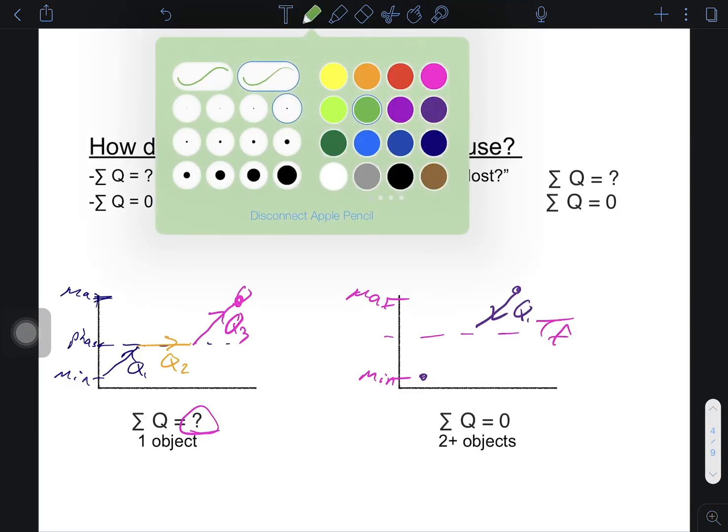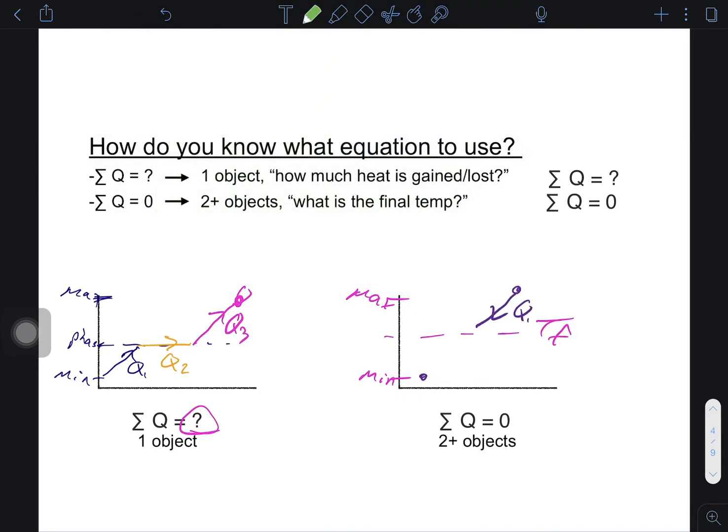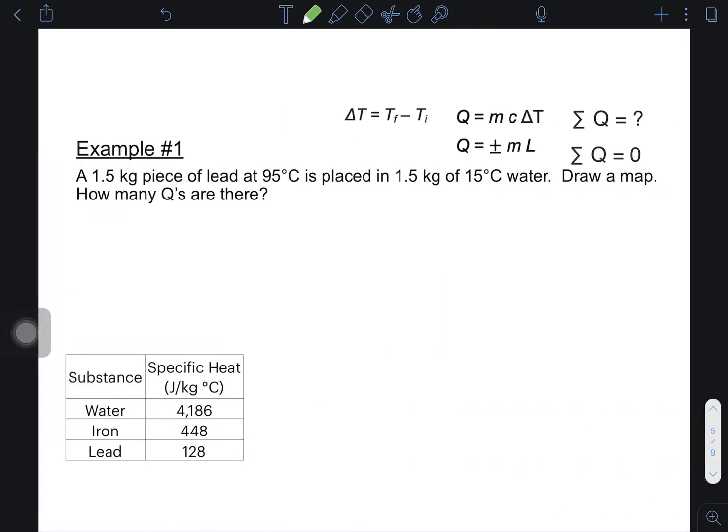This object, calling it randomly Q1, is going to cool down to that T line, and this one's going to heat up, and that's Q2. And then when we set this up with two or more objects, we're going to say the sum of all my Q's is equal to 0. So we're simply going to say Q1 plus Q2 is equal to 0. That's the idea. We're not doing that yet, but that's where we're heading.